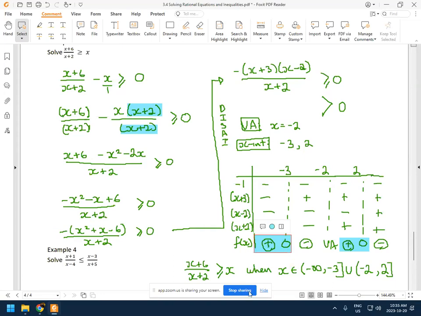It would just be here, because it doesn't include the 0. Does that make sense? Yeah. And also for this one, it would only be from negative 2 to positive 2, not including positive 2. Right? A question? Yes, of course.